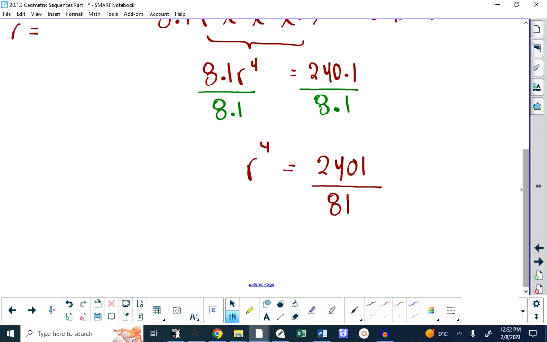Now, in order for you to find out what r is, you have to take the fourth root. I know what the fourth root of 81 is. It's 3, because 3 times 3 times 3 times 3 is 81. I don't know what the fourth root of 2401 is, but I suspect it's going to be a nice number. But maybe not. Excuse me.